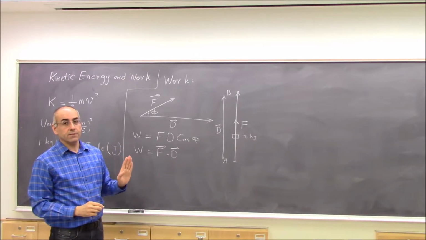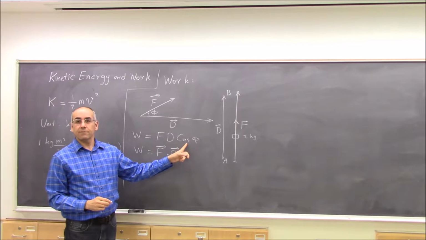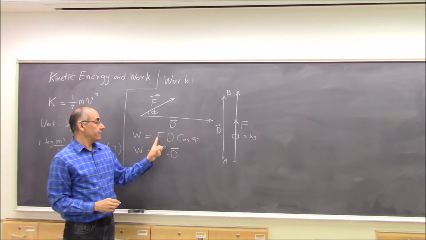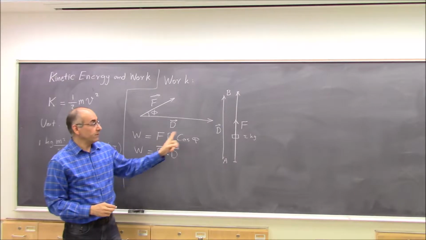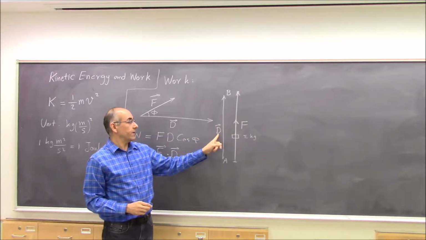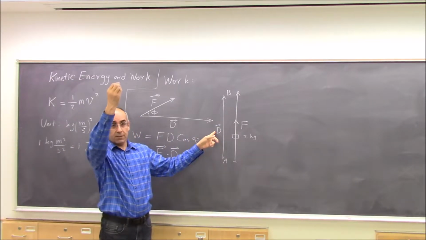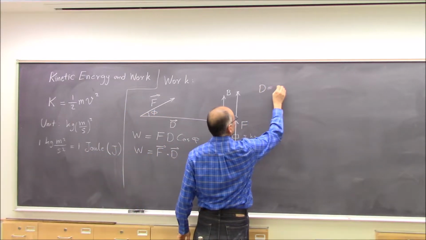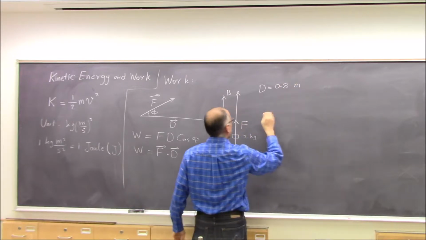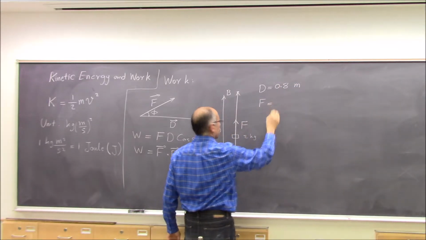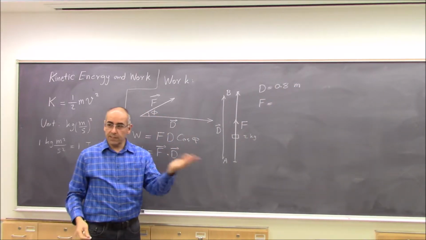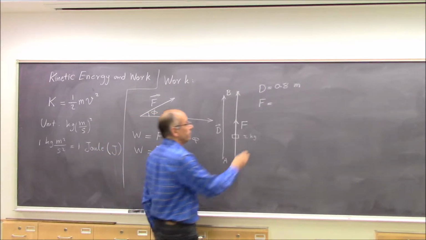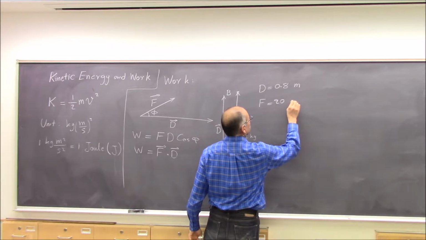The angle between them is 0, and cosine of 0 is 1. So it will be the force that I'm applying times the displacement. The displacement is 80 centimeters up, so the magnitude of displacement is 0.8 meters. And the force I'm applying: for a 2 kilogram object, taking g as 10, I apply 20 newtons of force.